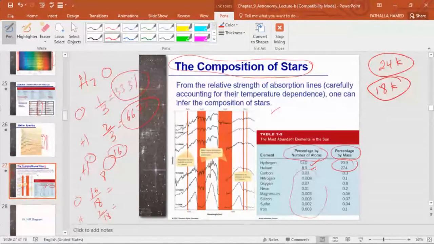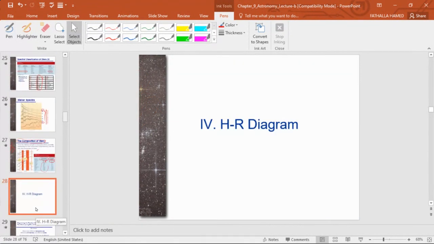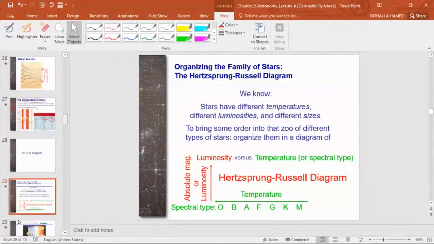So that's in regard to composition of stars. We also talked about classification of stars, where you look at their surface temperature. Now, what we're going to look at next is basically HR diagrams. I'll try to introduce it here, but maybe we'll talk about it in the next lecture.